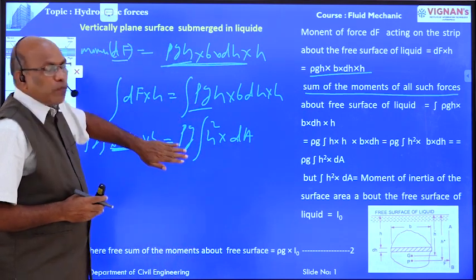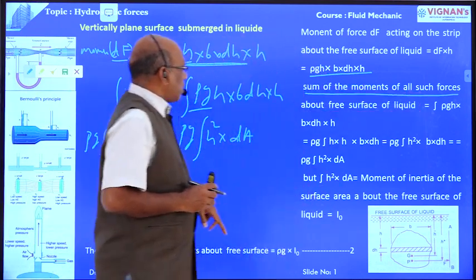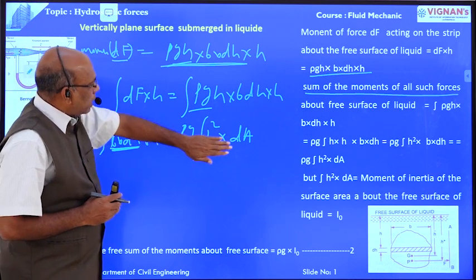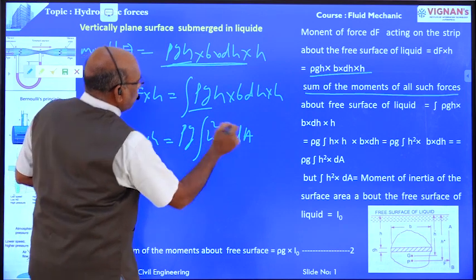The sum of the moments of all such forces about the axis is equal to rho g integral h square dA.